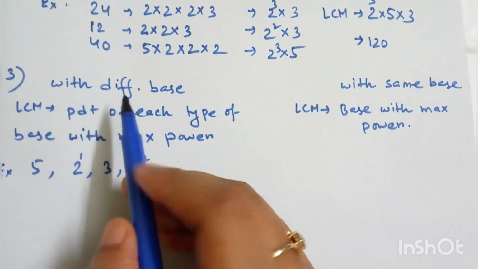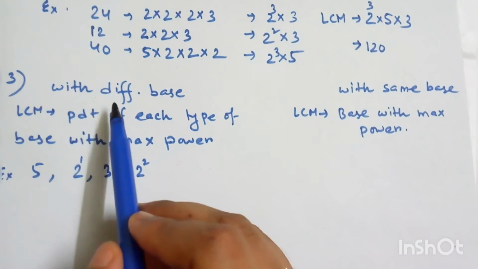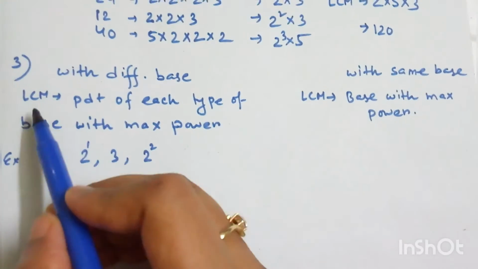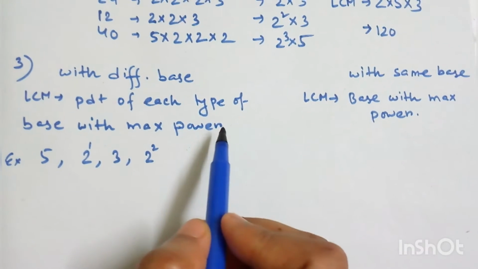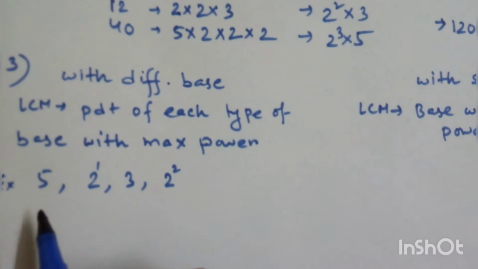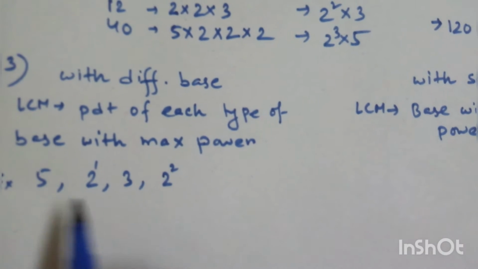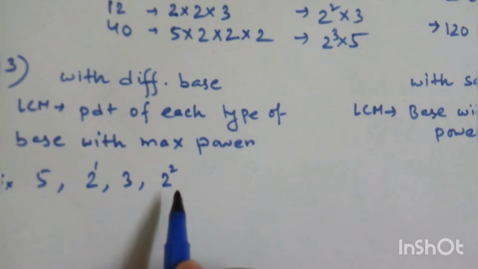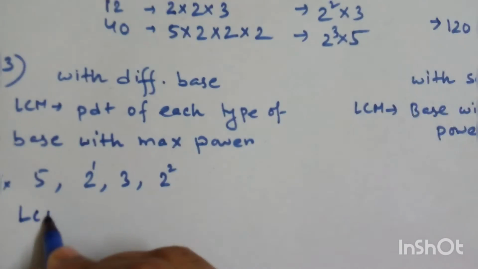Next, how can you calculate the LCM when the numbers are with different base? So the LCM will be the product of each type of base with maximum power. See here the numbers are of different base.